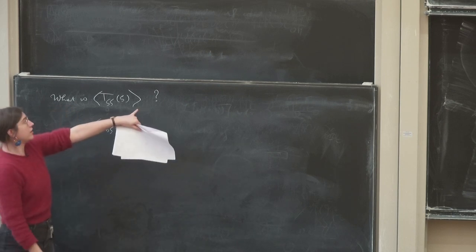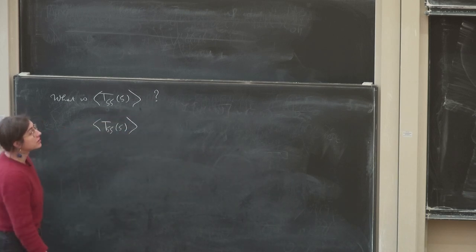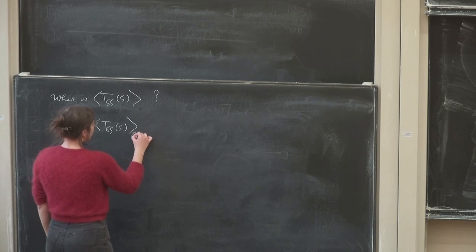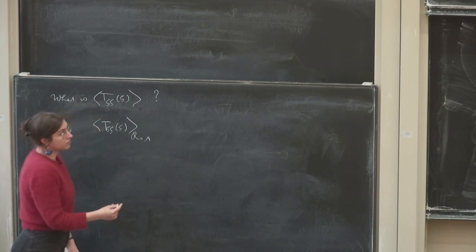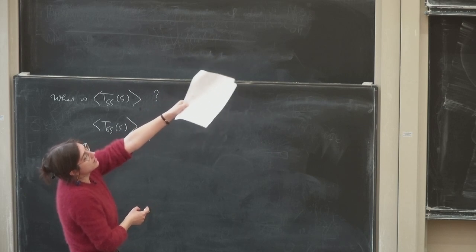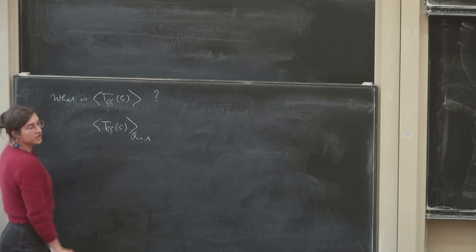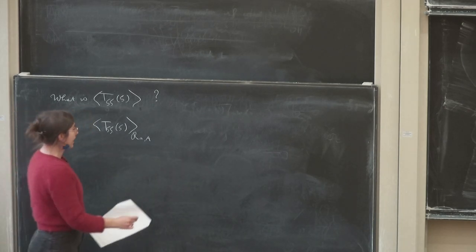Most of the time, I will not specify in which background metric we're considering the theory, as usually you don't in the notation for correlators. But let me remind you that the setup on the top of that board is our Lagrangian on the replica manifold. So I am looking for this object.